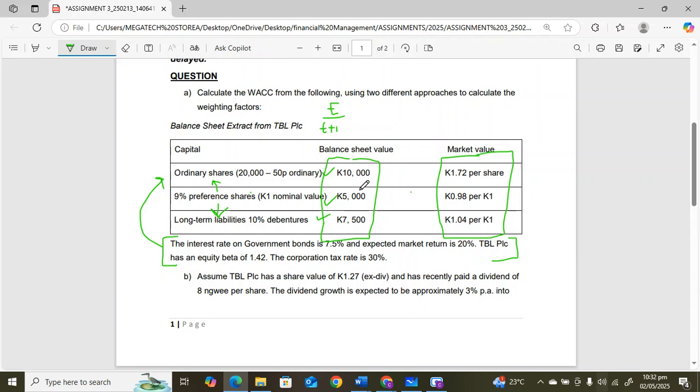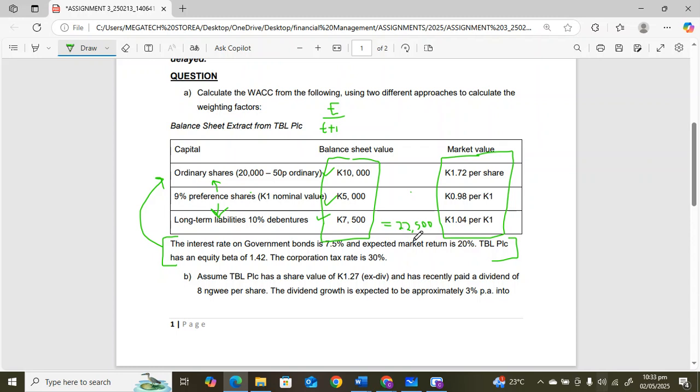So 10 plus 5, 15,000. 15 plus 7.5 should be 22,500. So this is the total amount raised from the debt and the capital.